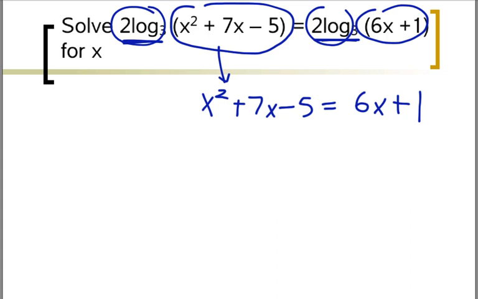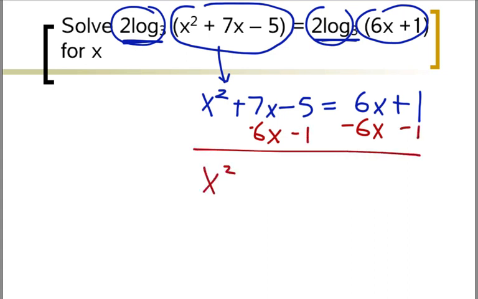So we go ahead and subtract 6x. In other words, we want this to be equal to 0. And we go ahead and get x squared plus 1x minus 6 equals 0. And then I want to go ahead and factor and solve because it's a quadratic here.